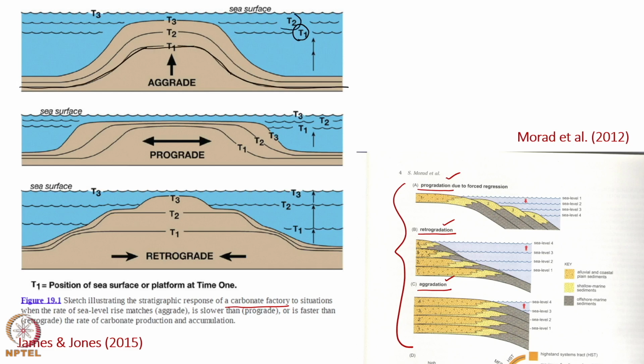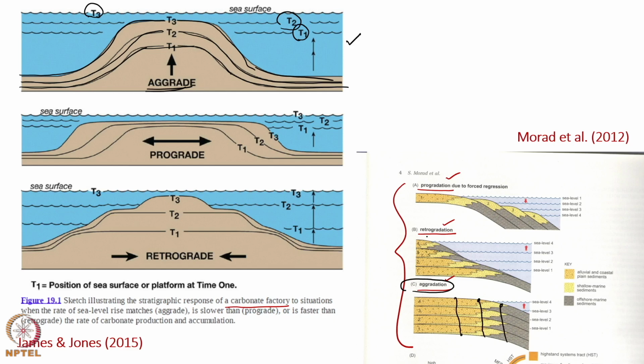Now, when the sea level rose to T2, this became the elevated mound, and when it became T3, this became the elevated mound. This kind of geometry can be clearly understood as an aggradational type comparable with this scenario, where we see if I move vertically from any point from the bottom, we get similar kind of lithological variations.